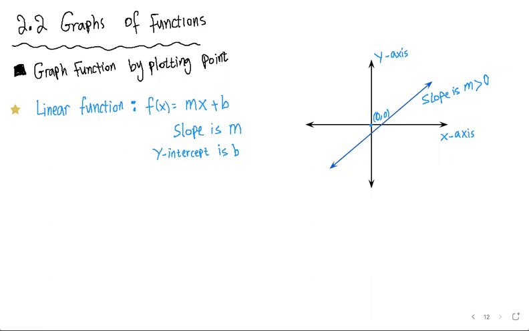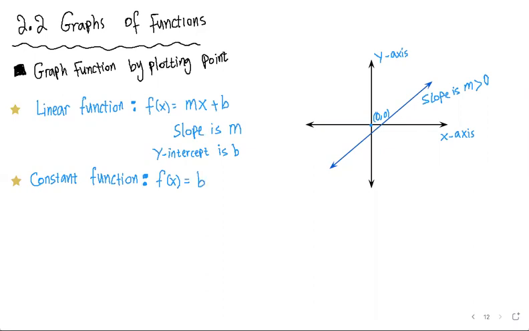Second type of functions is constant function. A constant function is a function that looks like f of x equals b.